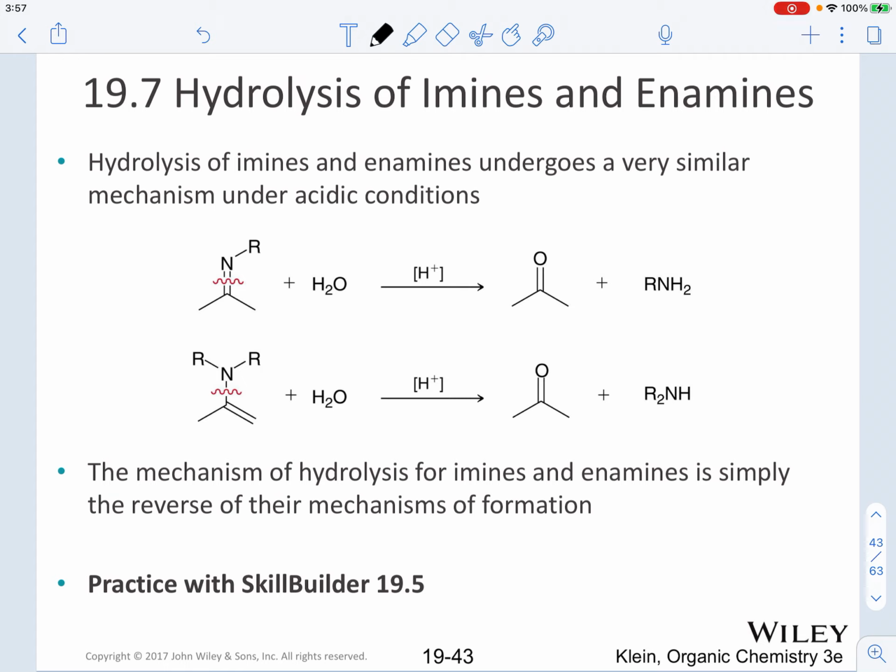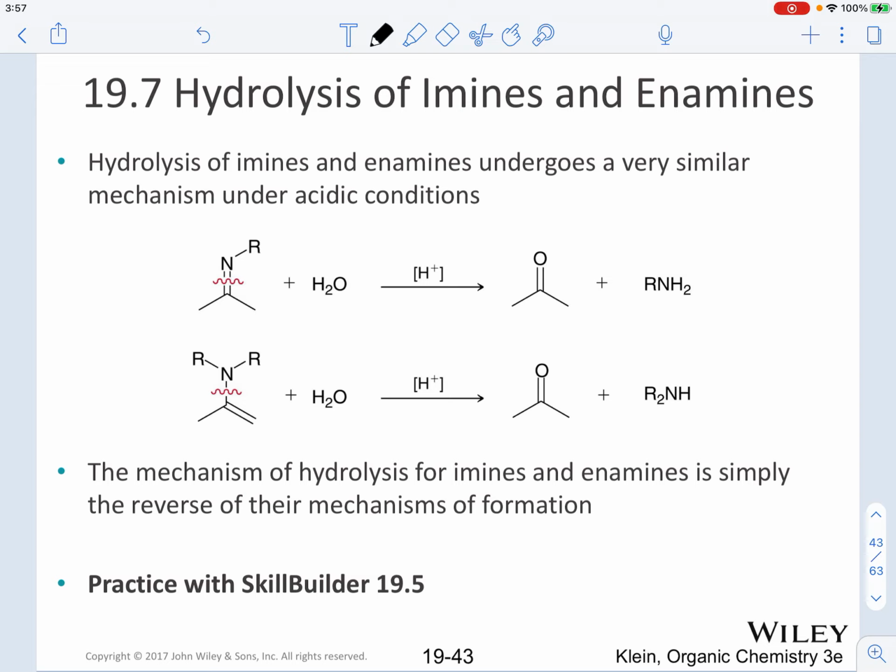Now, understand that the molecules that we introduced a few moments ago, imines and enamines, also undergo hydrolysis. Hydrolysis of imines and enamines, understand that those reactions are going to have very similar mechanisms under acidic conditions.